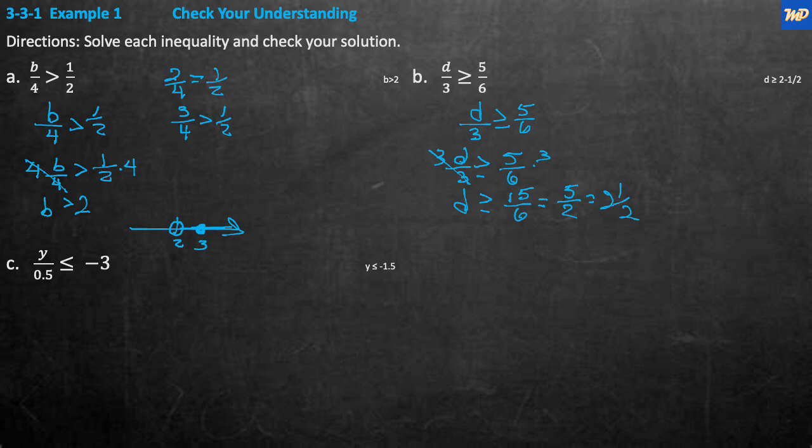Now, if we want to check it, we're going to do both. The equal and the greater than have to be checked. So I'm just going to go ahead and substitute in the solution right off the bat. So I'm going to say 5 halves divided by 3 is greater than or equal to 5 sixths. Is that true? Well, in order to check this, we're going to multiply both sides by 3, right?